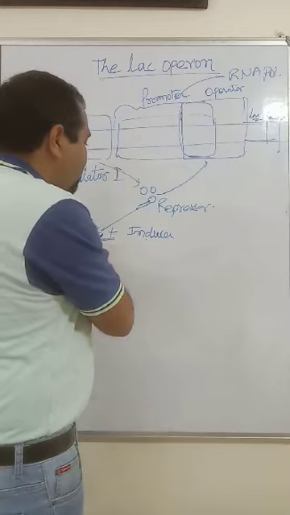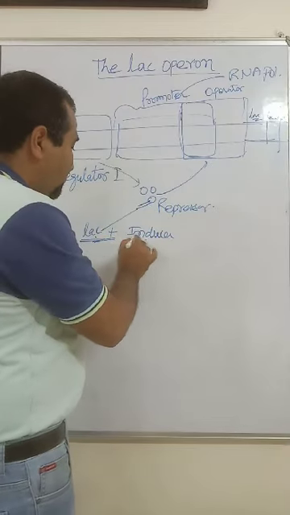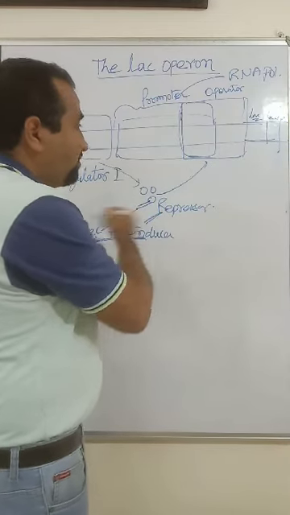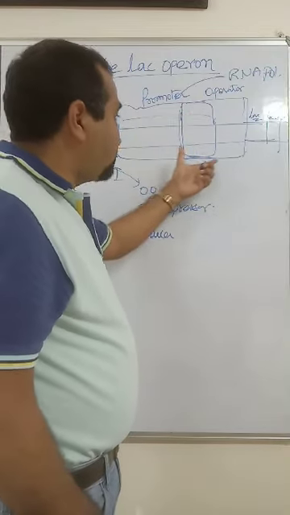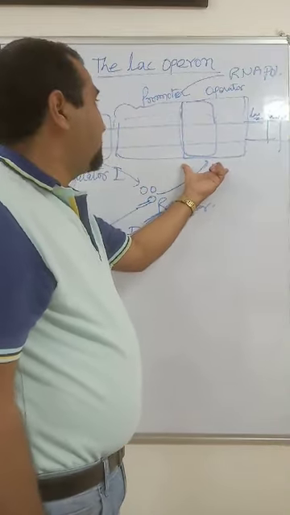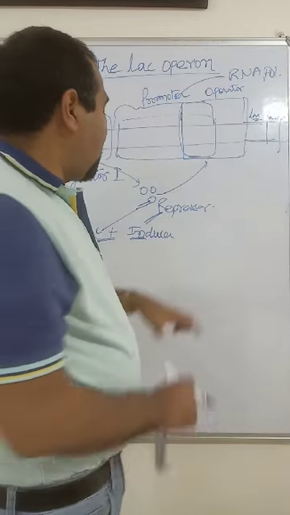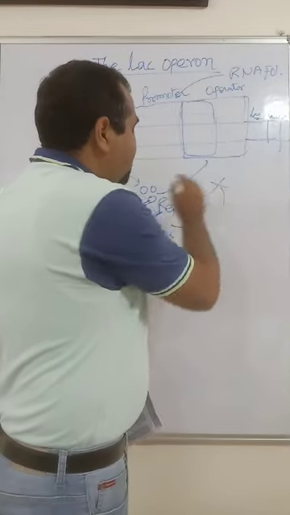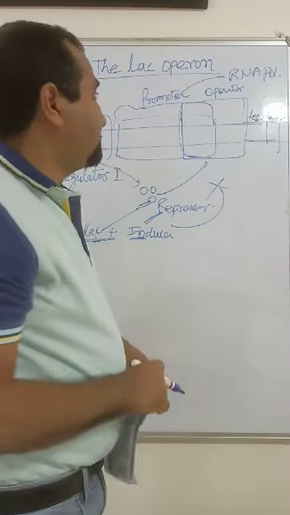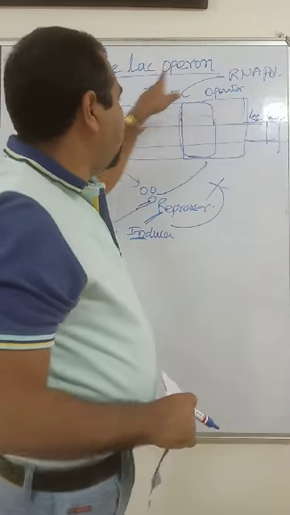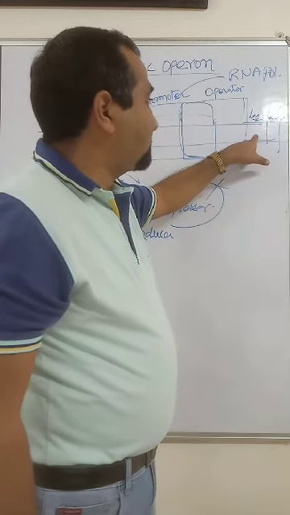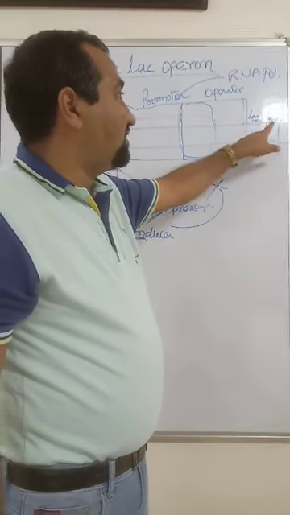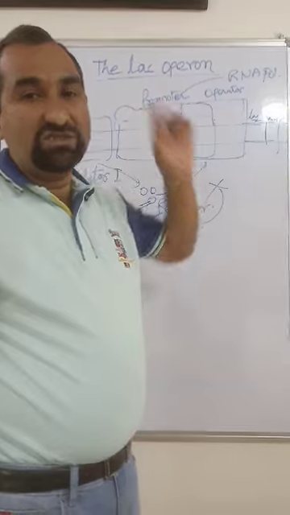This inducer-repressor complex is unable to bind at the operator sequence, and RNA polymerase comes and binds at the promoter, and then it starts transcription of the lac Z, lac Y and lac A genes.